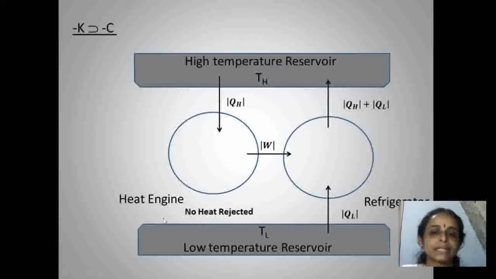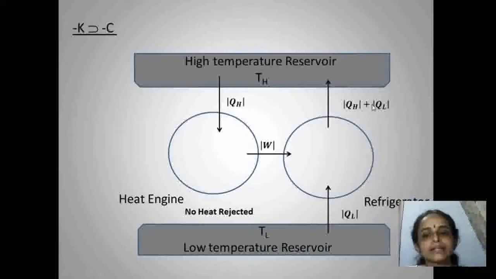This is the complete violation of the Kelvin-Planck statement. If the Kelvin-Planck statement is true, then there should be some quantity of heat rejected to the low temperature reservoir, that is QL. Here we are considering the violation. That means the engine is violating the Kelvin-Planck statement. That implies QH is taken from the high temperature reservoir and this QH is completely converted into work.